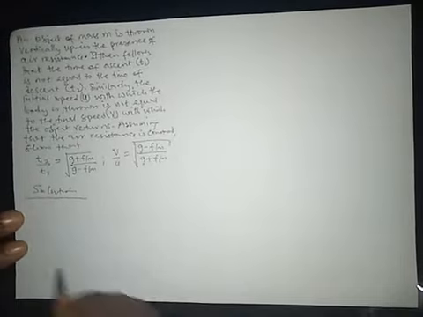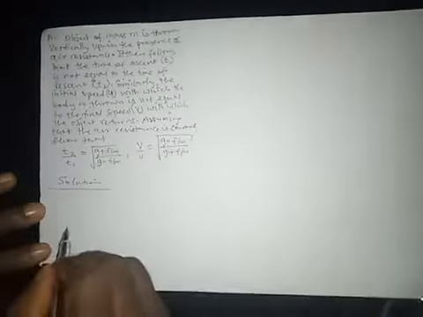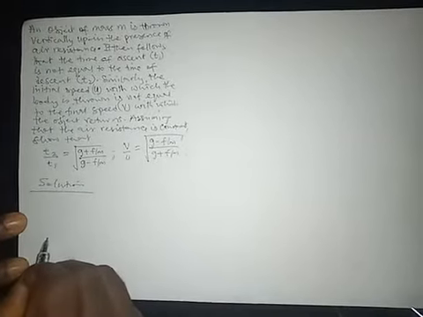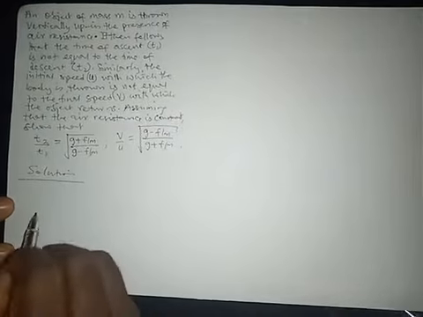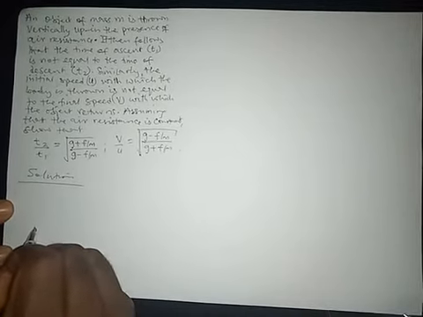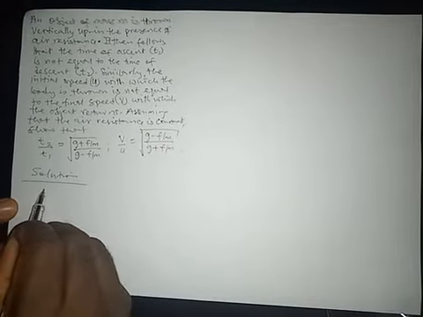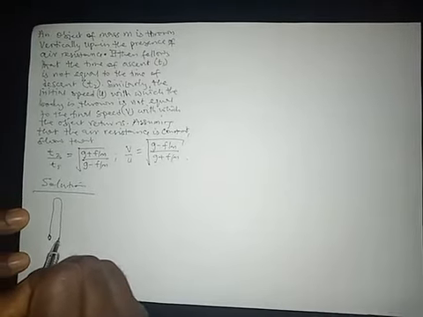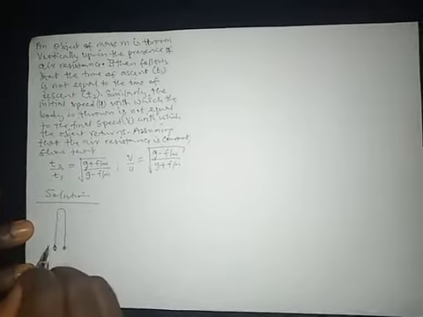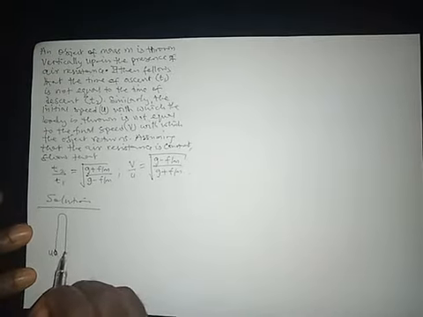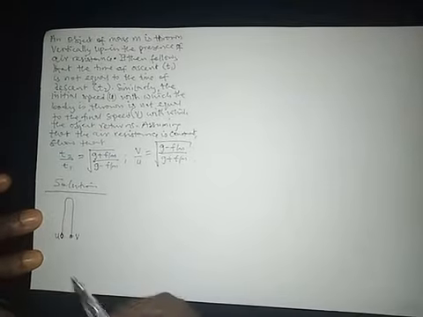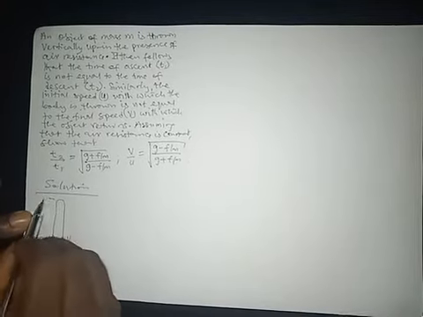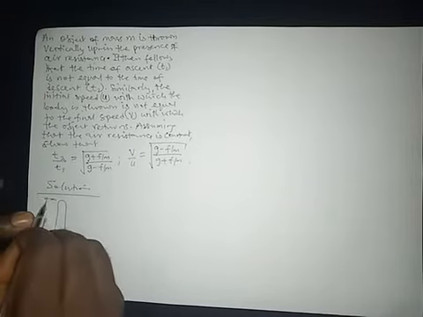Let's use this diagram to explain further. Assuming this is the object, it is vertically projected upward. It will go up, then it will turn and return downward like this. The initial velocity is u, the final velocity is v. The height it has reached, let's call that height h.